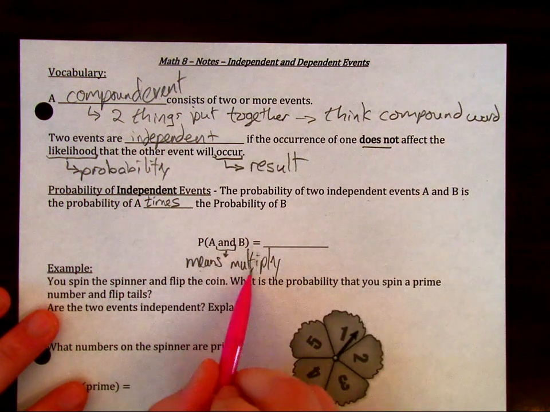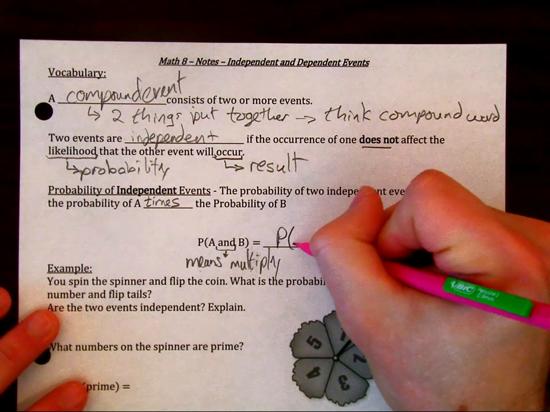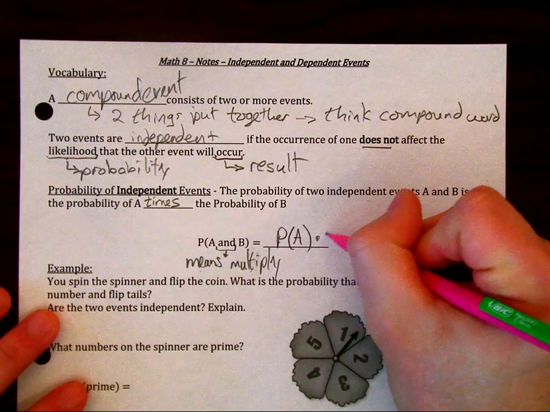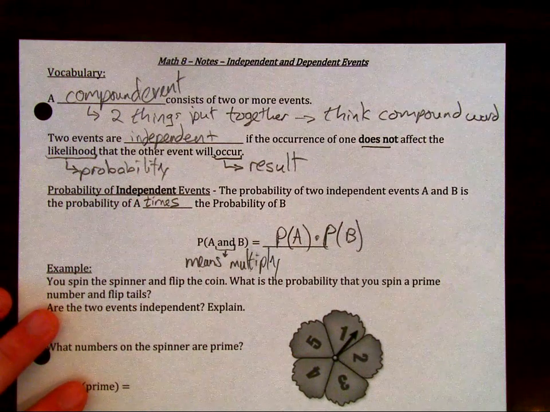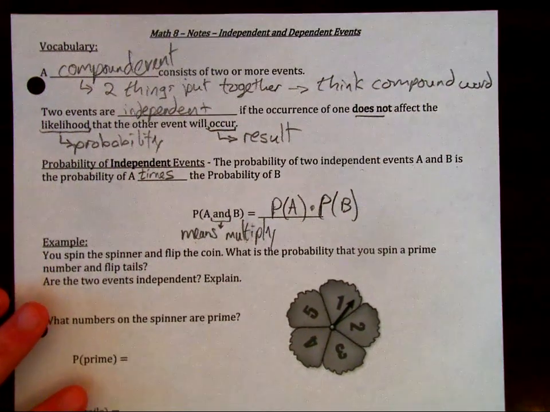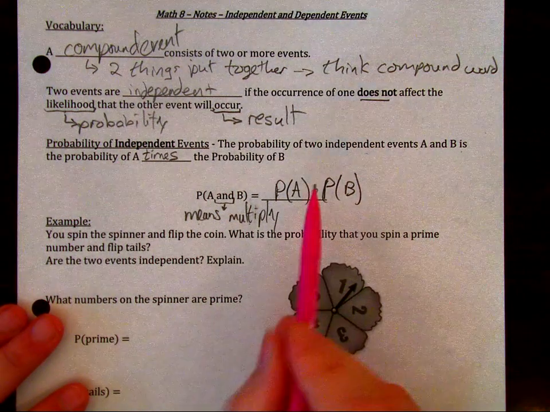So that means multiply. And the way you can write this is you would say the probability of A times the probability of B. Instead of having to write those words, you just use symbols like this.